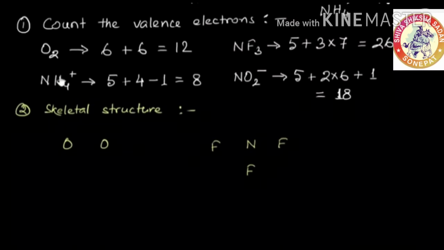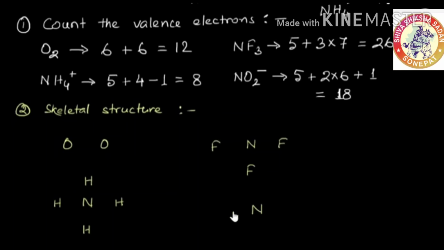In ammonium, nitrogen is the central atom and 4 hydrogen atoms are surrounding atoms. So for writing this, write nitrogen in the center and 4 hydrogen atoms around the nitrogen atom this way, and 1 positive charge is the charge on the whole ion, so leave this charge.